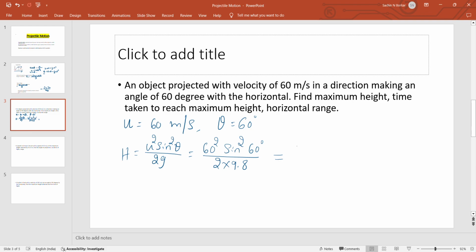Substituting all these, 60 square multiplied with 3 by 4 divided by 2 in the denominator and 9.8 as the gravity. With all this, we can simplify this equation to 137.7 meter.